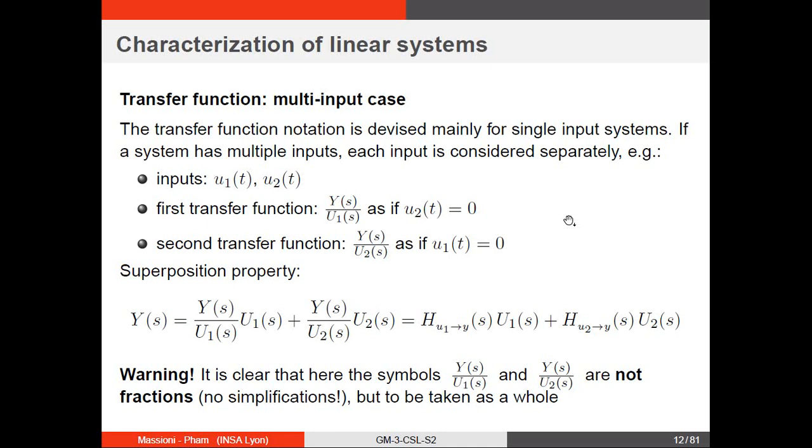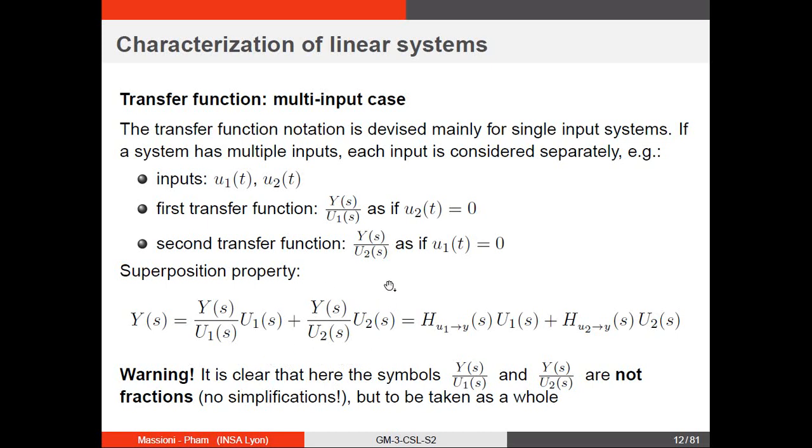The result of the two inputs is just the sum of the two contributions given separately, which means that the output y will be the transfer function between y and u1 times u1 plus the transfer function between y and u2 times u2. How do I compute these two transfer functions? When computing y over u1, just assume that u2 is 0, and vice versa.